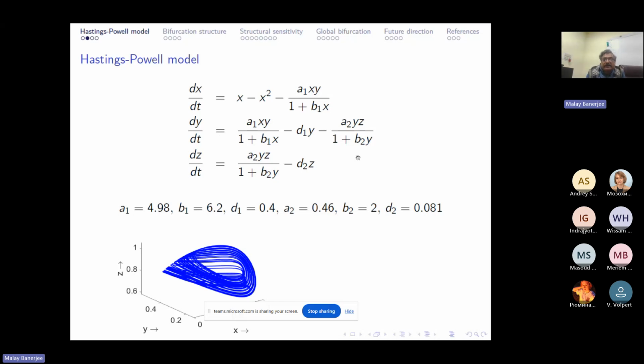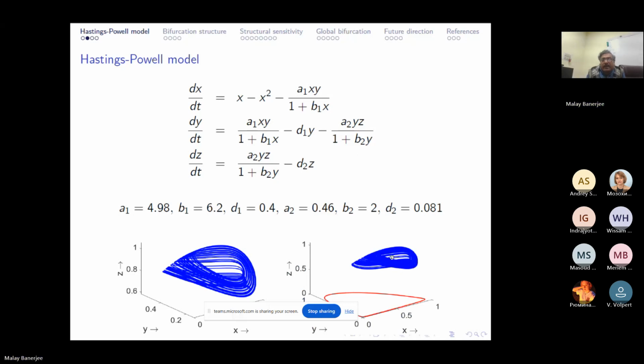For this parameter set, if we thoroughly look at the dynamics of the model, what we can find is that in the interior there is a chaotic attractor, and on the boundary plane, that is the xy plane, there is a stable periodic solution.